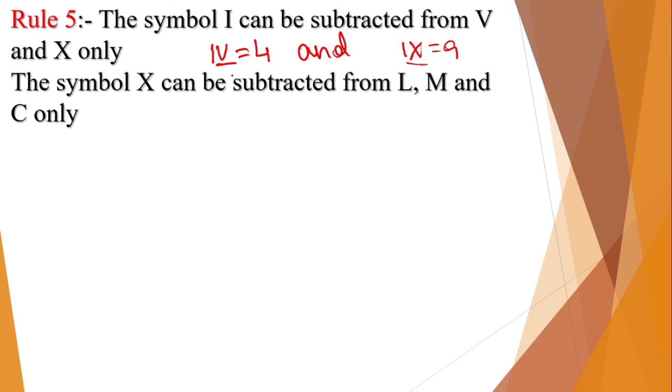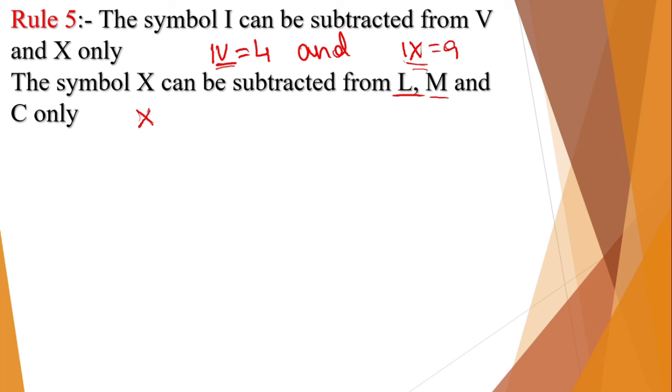Now let's see the second sentence. The symbol X can be subtracted from L, M and C only. So now we talked about I, but the symbol X can only be subtracted from L, M and C. So let's see how.